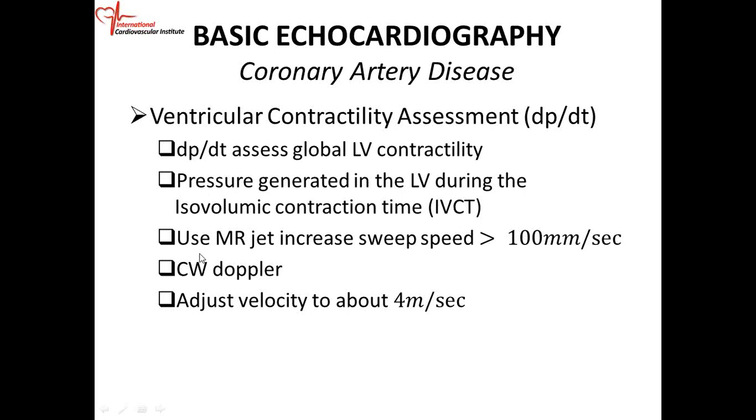In order to do this, you need to have mitral regurgitation, and you should increase your sweep speed to 100 millimeters per second. You're going to use continuous wave Doppler to do it, and you also have to adjust your velocity scale to about 4 meters per second.